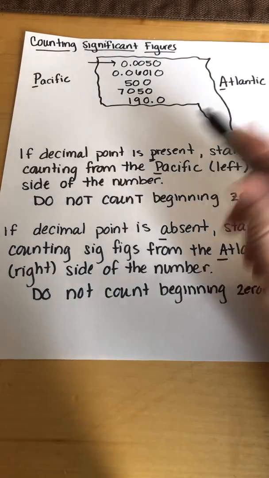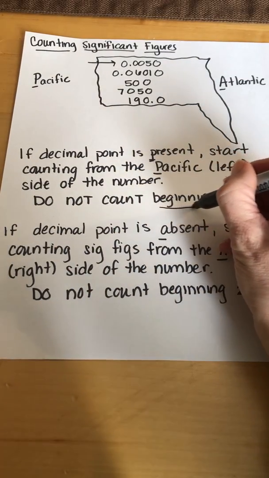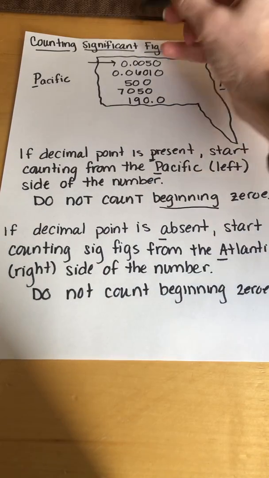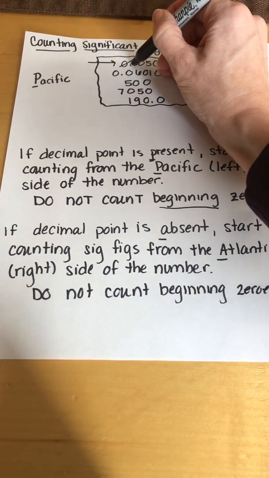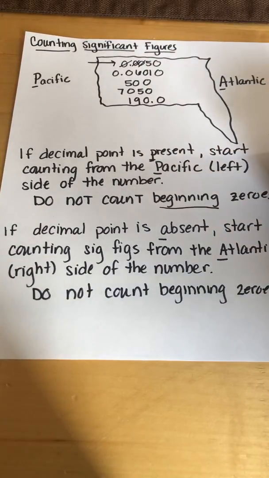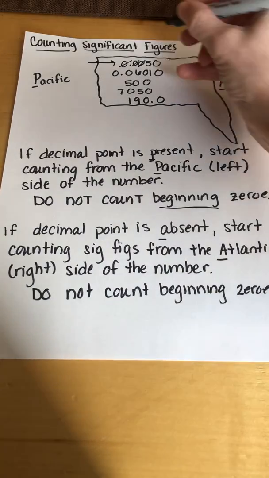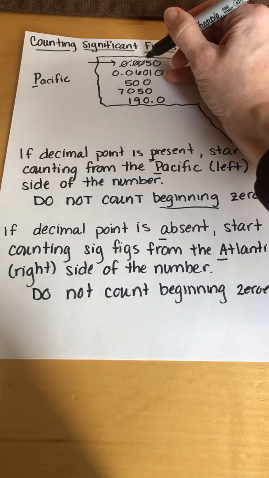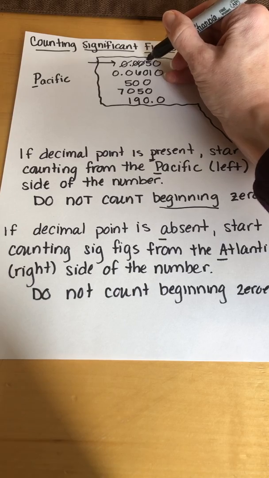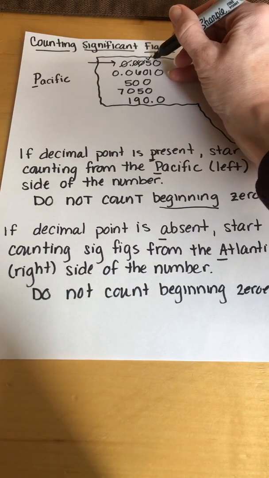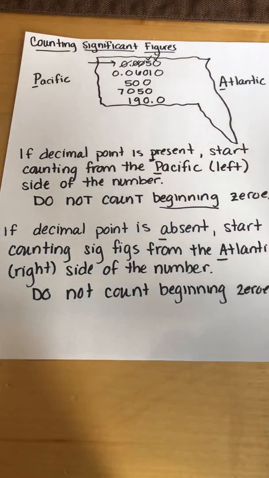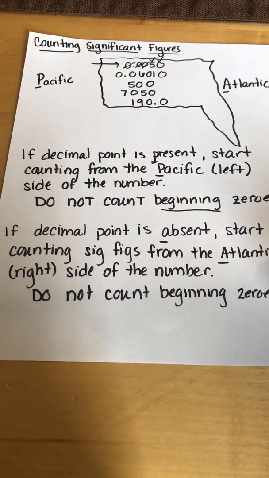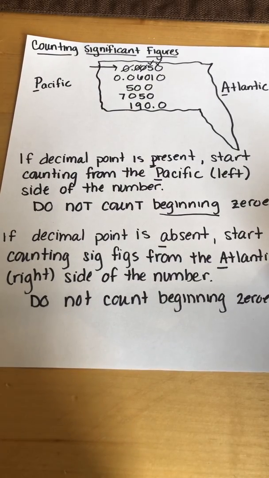The only thing I need to know is I do not count beginning zeros. So coming in from this direction, these are all beginning zeros, so I will not count those. As soon as I hit my first non-zero number, I start counting that, and then I count every single number I see after it. It doesn't matter if they are zeros or 5s or 2s.